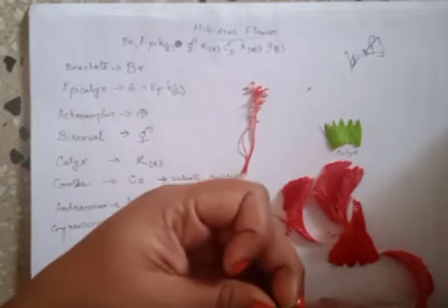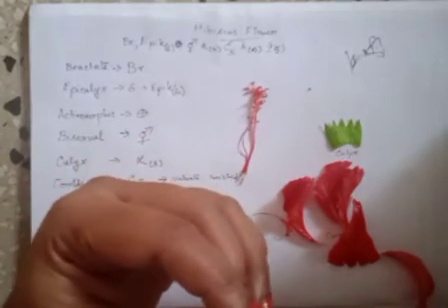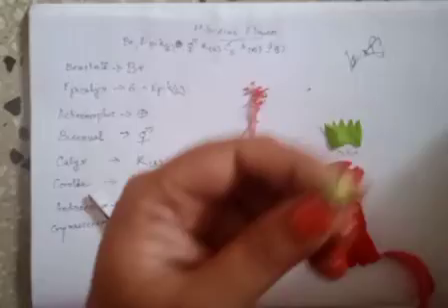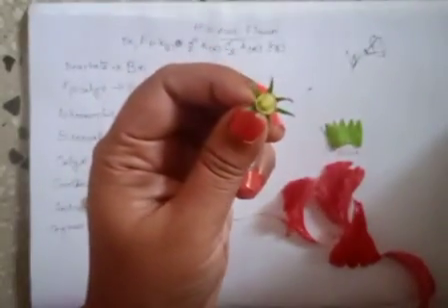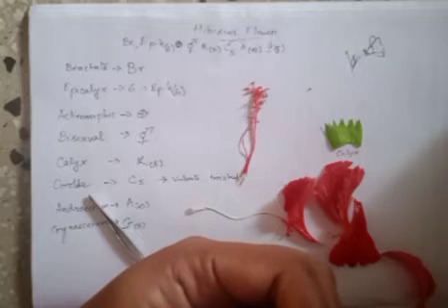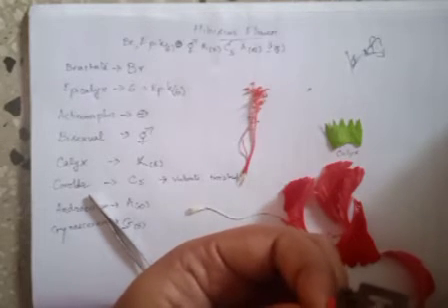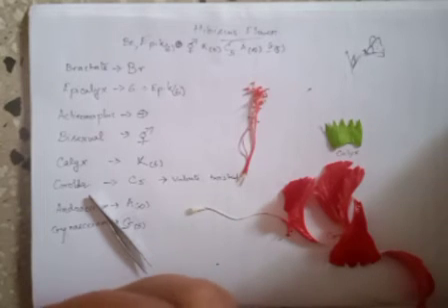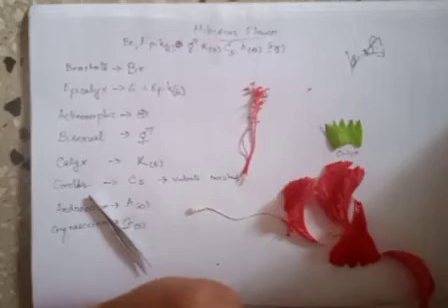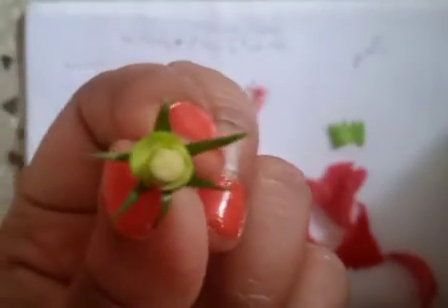If I cut this with a blade, I can find out what kind of ovary it is. A bit more. Though I am able to see, I don't know whether you all are able to see or not. Just check, are you able to see?